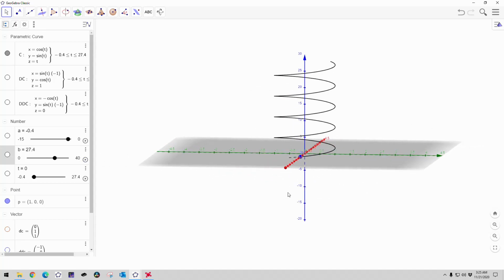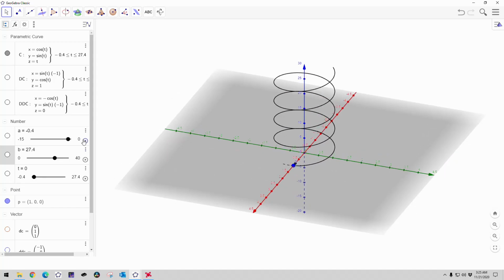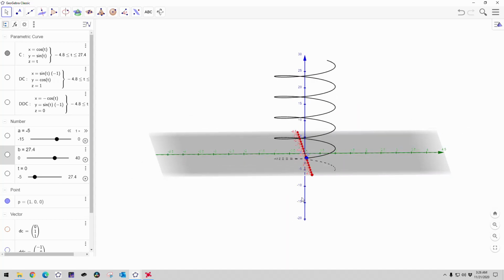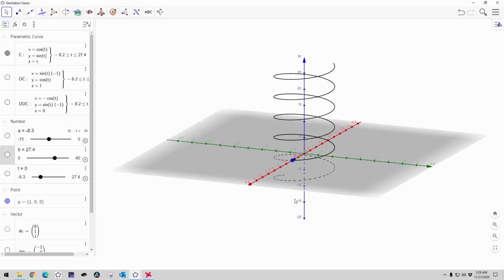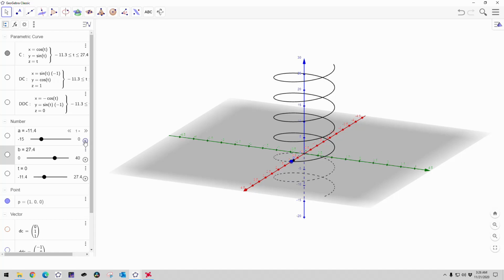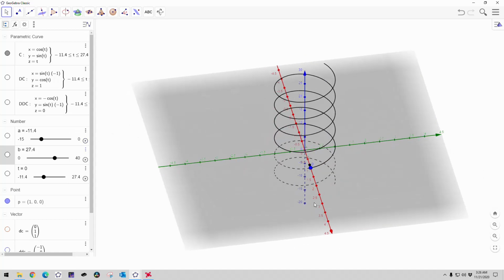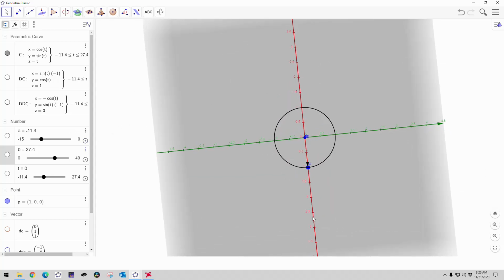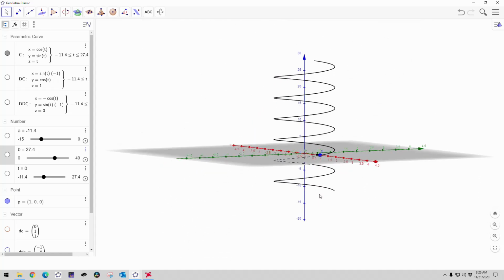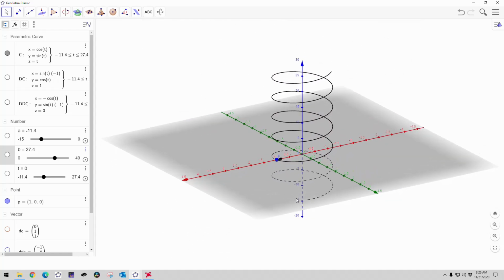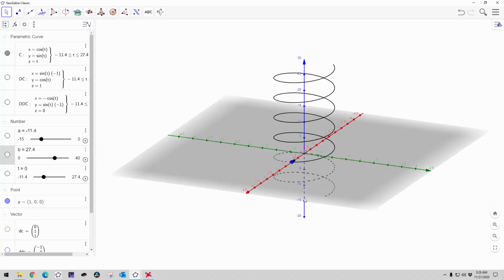And that's the positive t values. The negative t values will spiral it below the axis. So I think you get the idea there. It's definitely a radius 1 circle spiraling around the z-axis there.